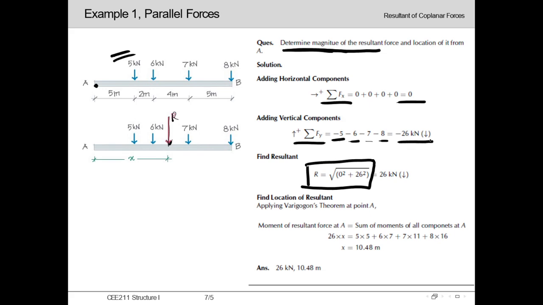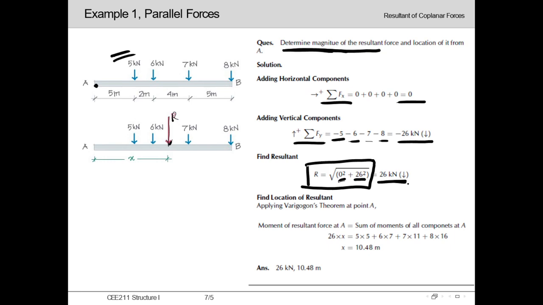This is acting downward. So the resultant will be root over summation of Fx square, the value of Fx is 0, plus summation of Fy square, the value of summation of Fy is minus 26. If we do the square of minus, it will be positive. So 26 square. So the value of R will be 26 kilonewton.